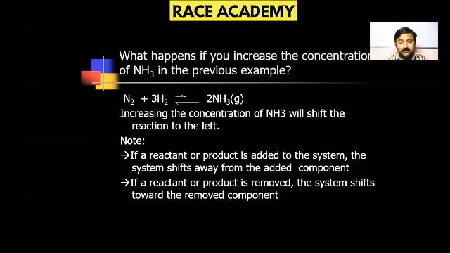If a reactant or product is removed, the equilibrium shifts towards the removed component. Suppose you remove ammonia in this reaction: the direction that increases ammonia concentration is the forward direction. So equilibrium always tends to move in the direction opposite to the one in which the change is applied.